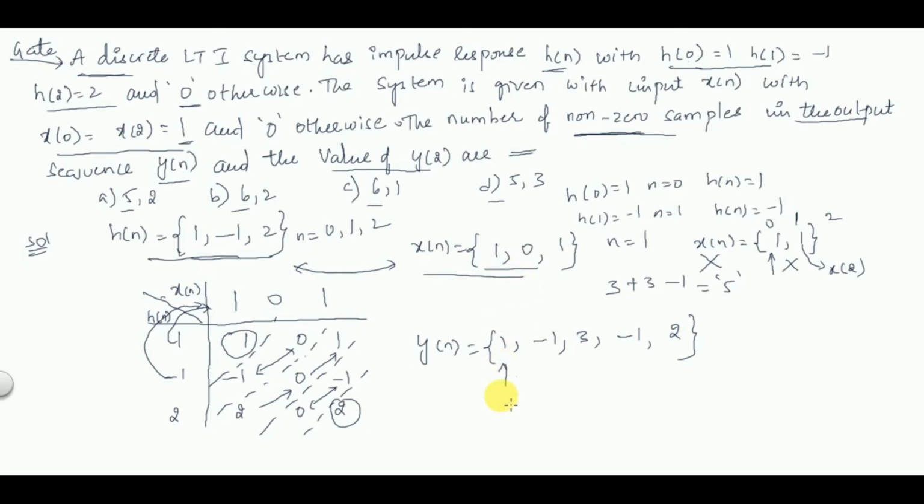This starts from n is equal to 0, this is for n is equal to 1, this is for n is equal to 2, this is for n is equal to 3, and this is for n is equal to 4. He has asked for non-zero samples.